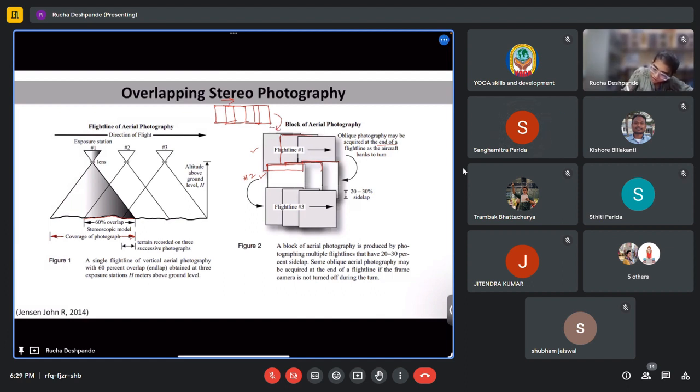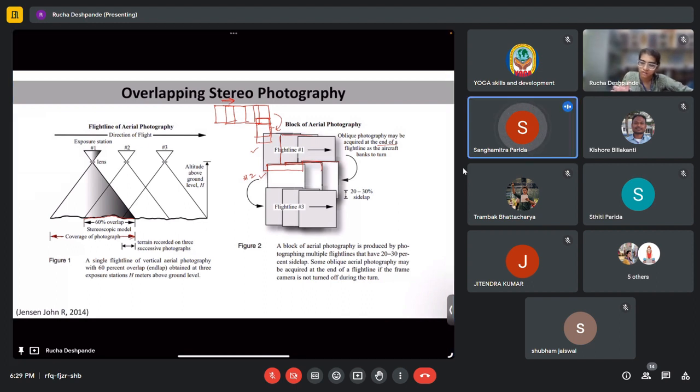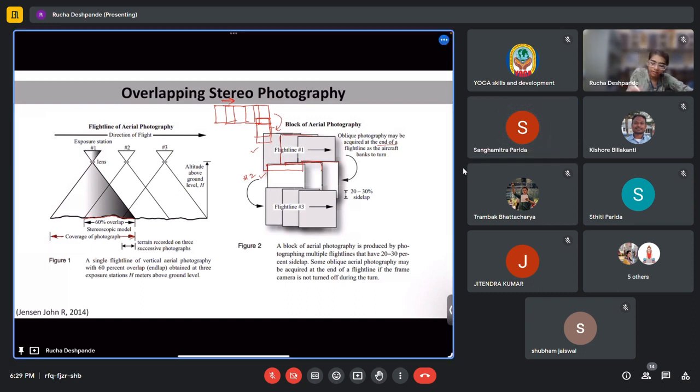But the image would not start from here directly; there would be a small overlap on the side as well. That would be the side overlap. And here the 60% overlap, whatever is written, is the end lap, we can think. So this is along the flight direction. Okay, thank you.